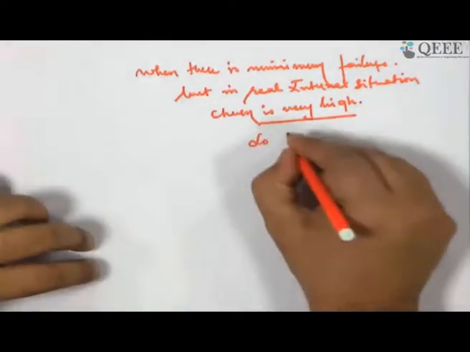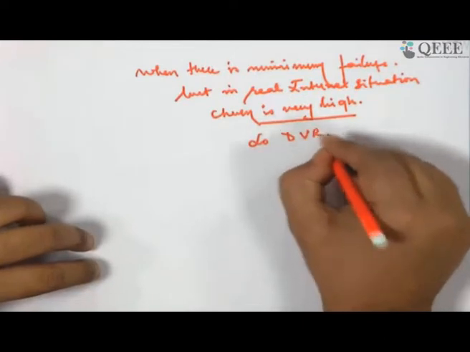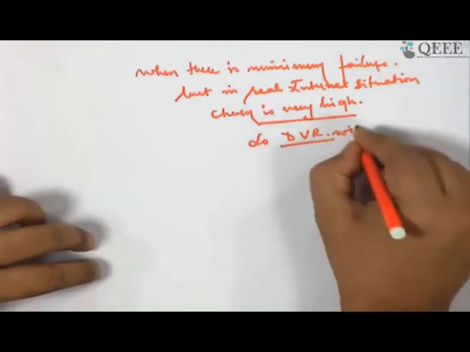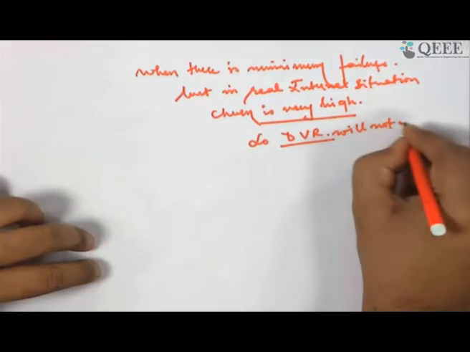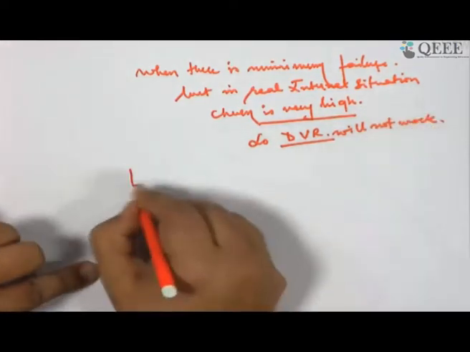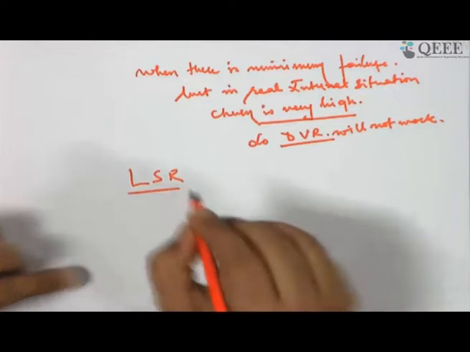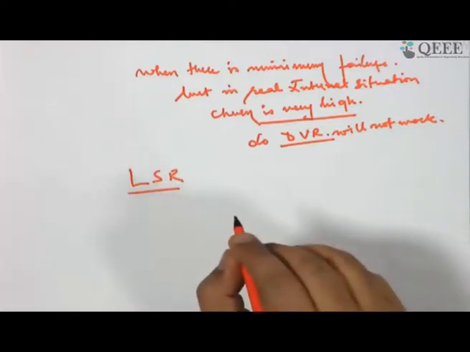So, distance vector routing will not work. Then we will shift to link state routing, which we are doing next.